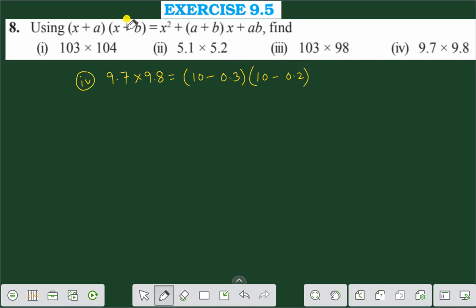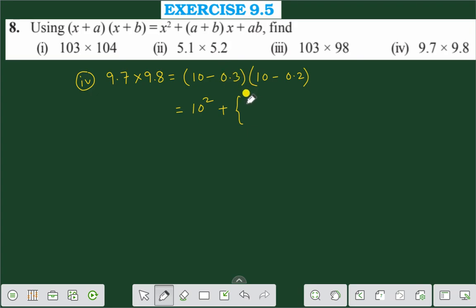We'll use this identity that (x plus a) into (x plus b) is x square plus (a plus b) into x plus ab. So we are getting 10 square plus (a plus b), in the second bracket.